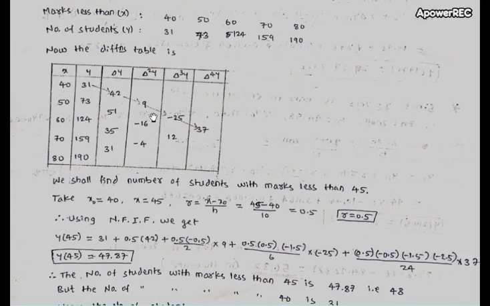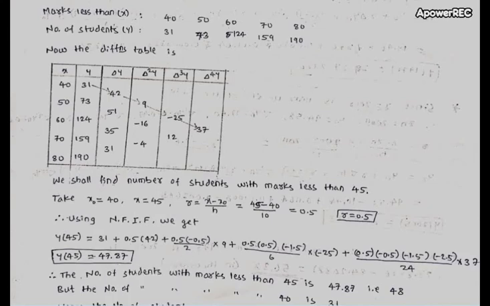So use the topmost values and the r value in the Newton forward interpolation formula and simplify. We will get the answer as 47.87. So 47.87 students obtain marks less than 45.